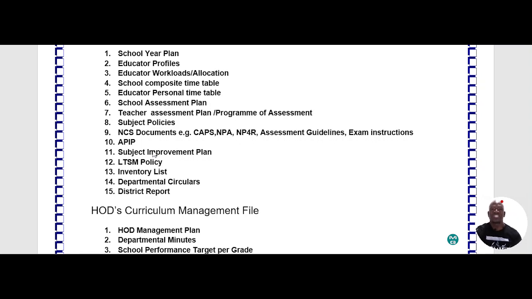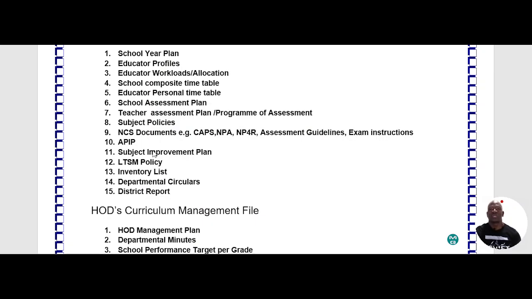Because the expectation is that after learners have been subjected to a particular formal task, teachers are supposed to do a diagnostic analysis of the tasks that have been administered in order to determine how the learners performed.